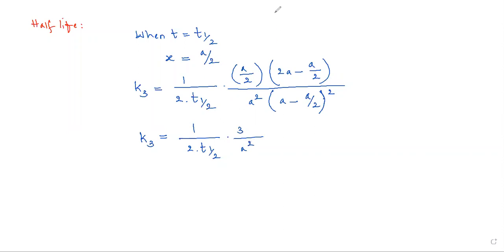Now from this, the expression for t half can be written as 1 by 2 into k3 into 3 by a square. Now from this, it can be written as t half is inversely proportional to a square. I mean, half-life is inversely proportional to square of initial concentration.